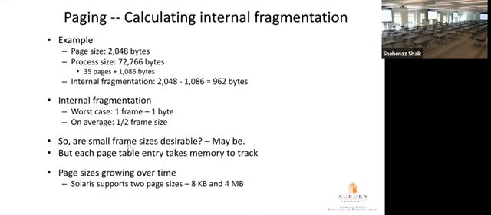So that is one trade-off that we need to consider. But in general, as we have more and more physical memory in systems over so many generations, it has been observed that page sizes are increasing.